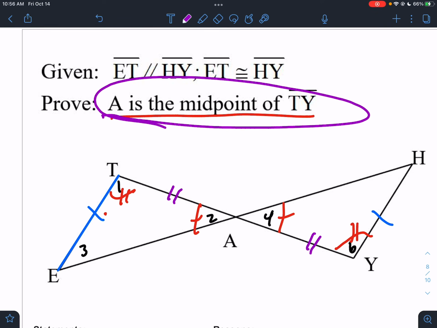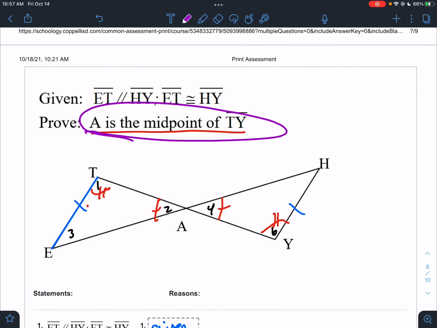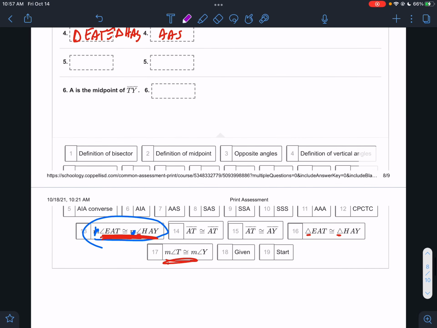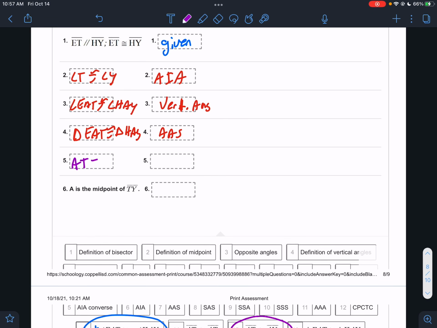We would know those are congruent parts. So what kind of evidence are we looking for? If these are congruent sides, would that make A the midpoint of TY? The answer is yes. So we need to say AT is congruent to AY. And let's see, where is that? AT is congruent to AY. That's CPCTC, right?